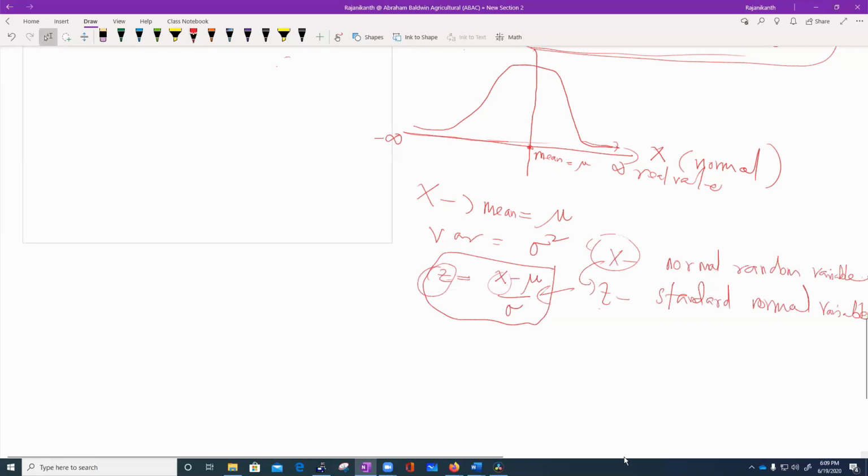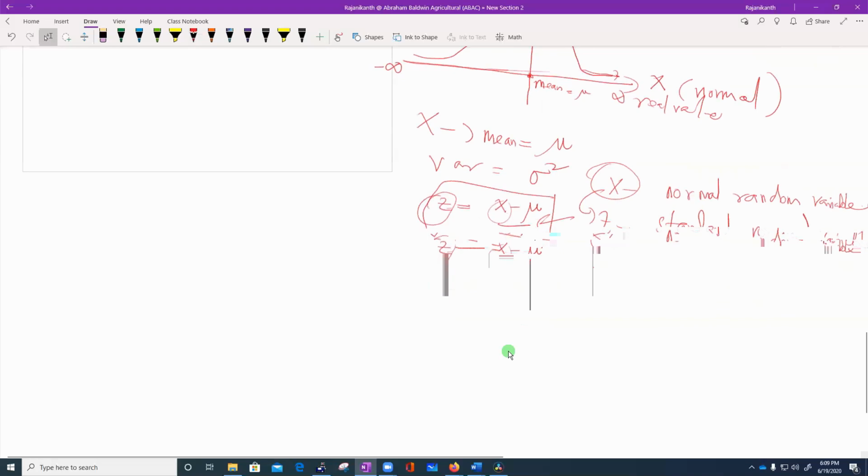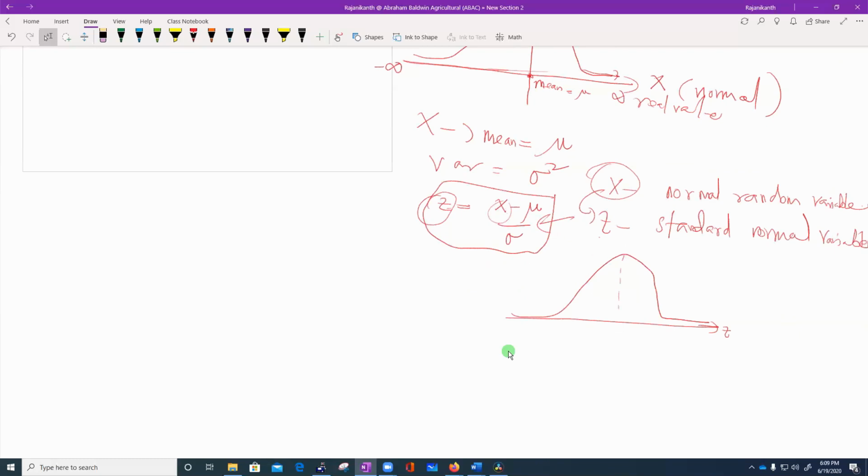Okay, so what are the qualities we have for the standard normal then? If you draw the distribution for standard normal, again it is a bell shape because it is also normal. But the mean, the middle point, is now always 0. So for the standard normal z, the mean is fixed, always 0, and the variance is also fixed, always 1.